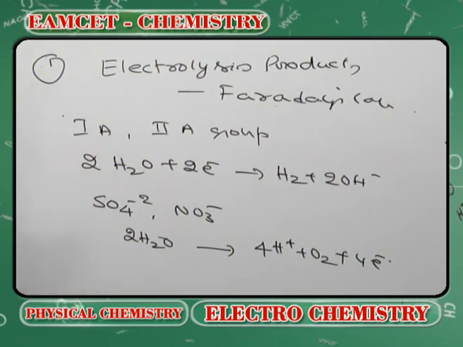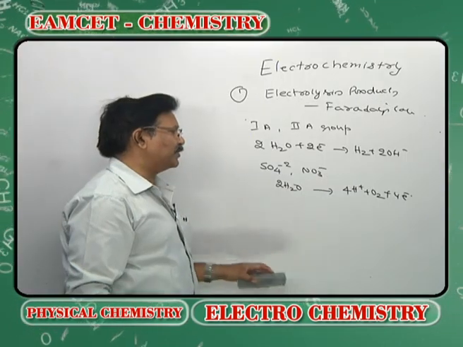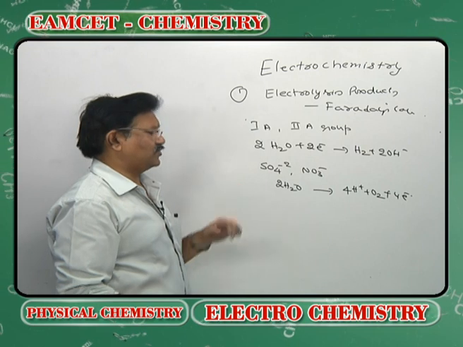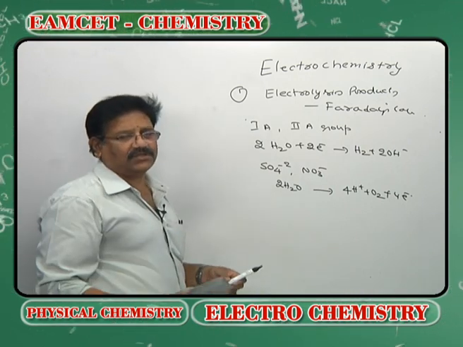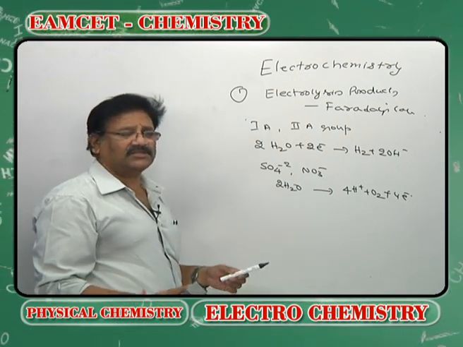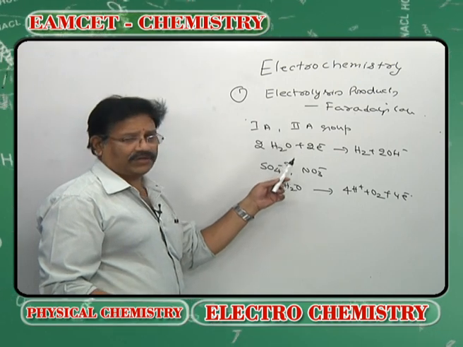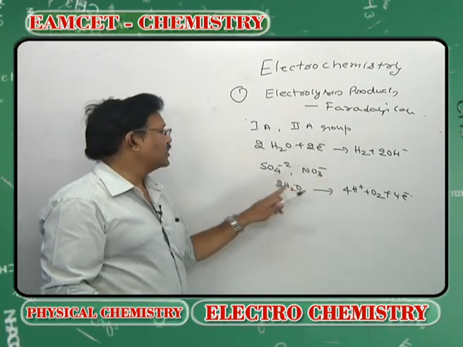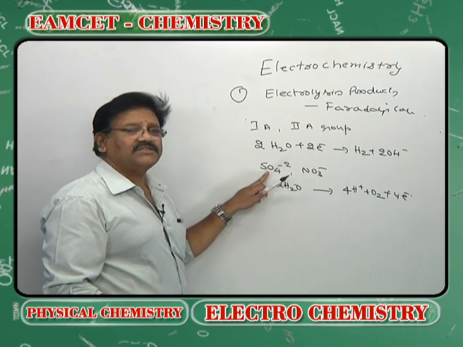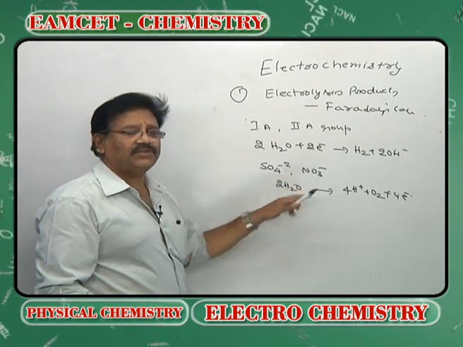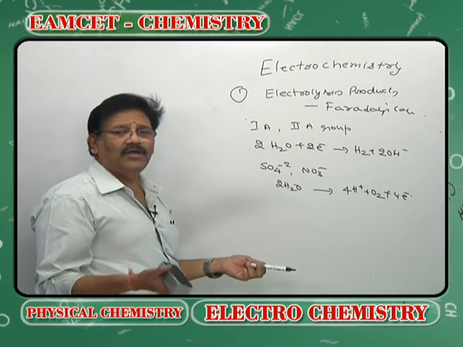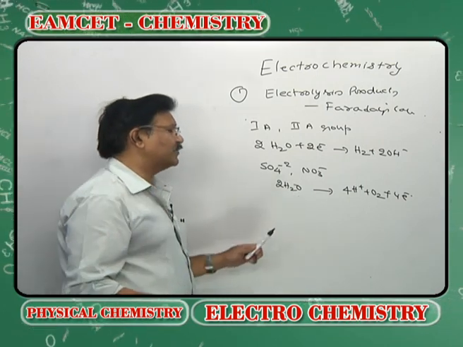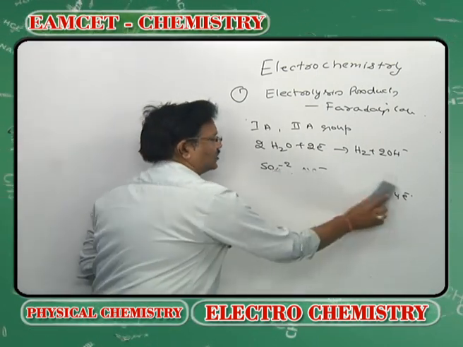So, the important points to be remembered: in aqueous solutions, 1A group metal cations and 2A group metal cations will not undergo reduction; instead, water will undergo reduction as follows. And in aqueous solutions, SO4 2- and NO3 minus ions do not undergo oxidation; instead, water will undergo oxidation.